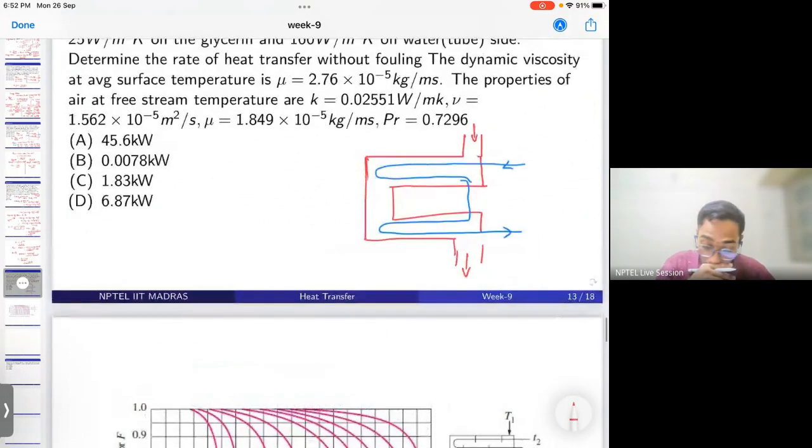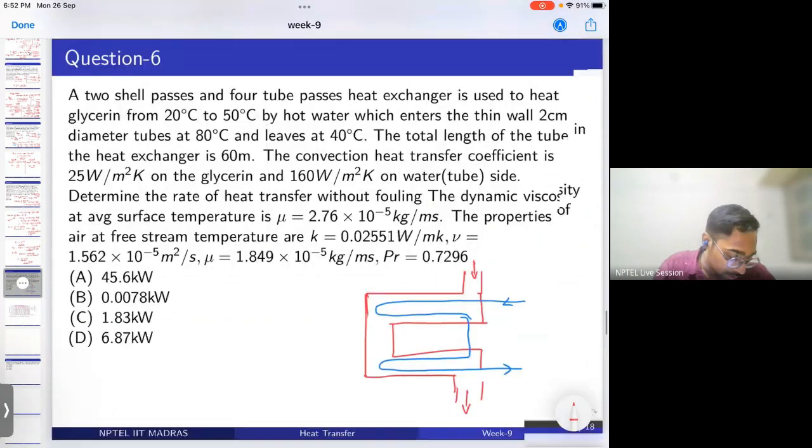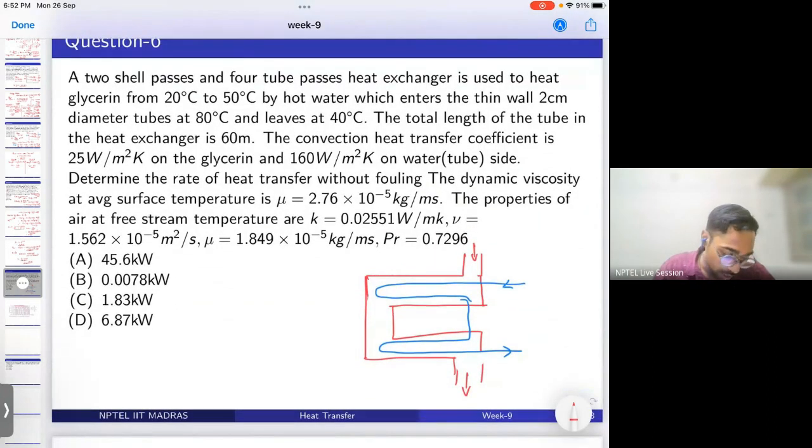So this is the actual heat exchanger. So hot fluid. This is two shell passes and four tube passes.